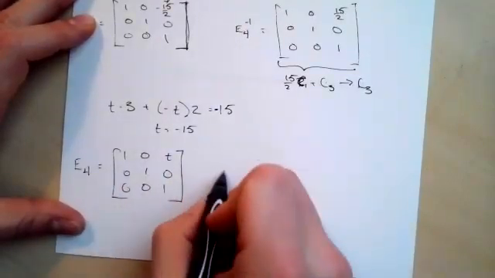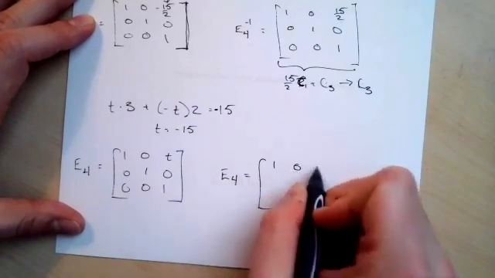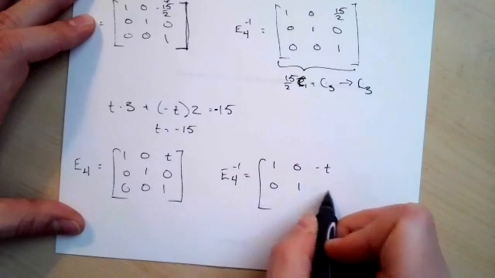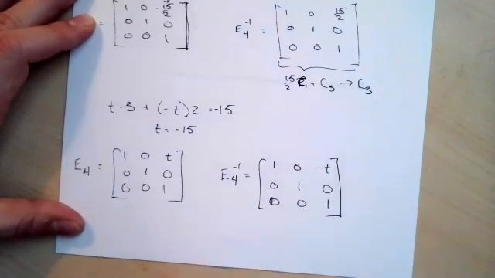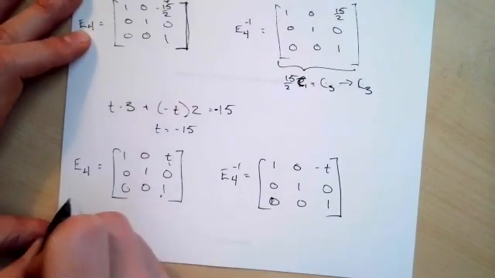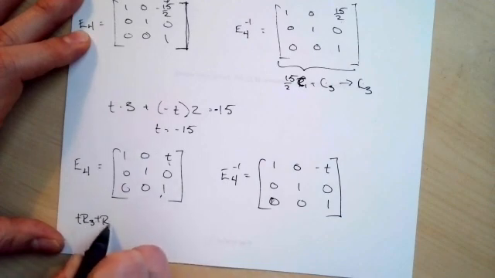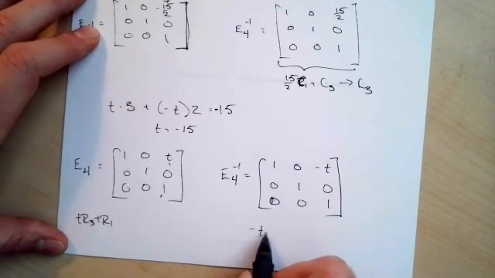We're trying to find this t value, and then we know our E4 inverse is going to be the same thing except with a minus t. So this is saying take t copies of row 3 plus row 1. This is saying take minus t copies of column 1 and add it to column 3.